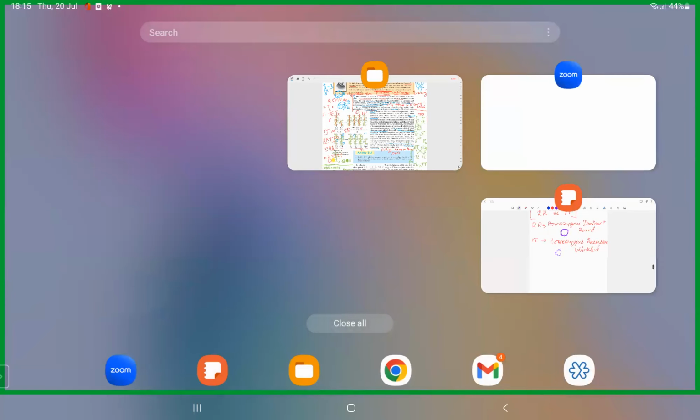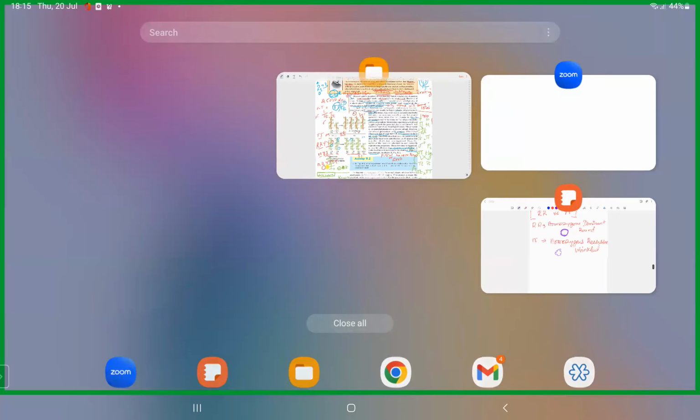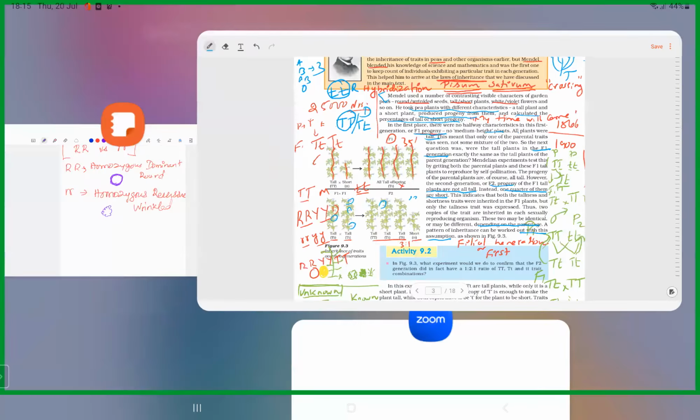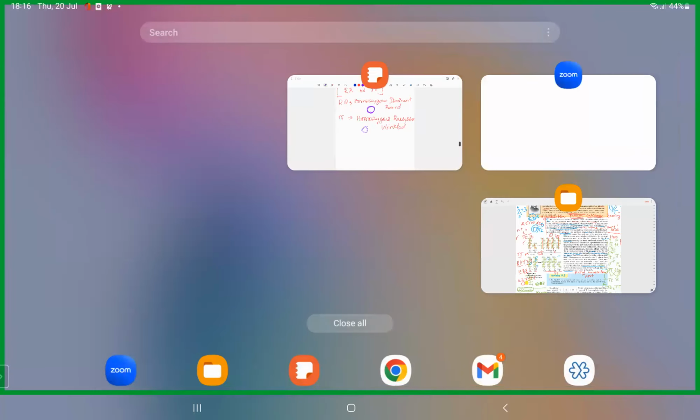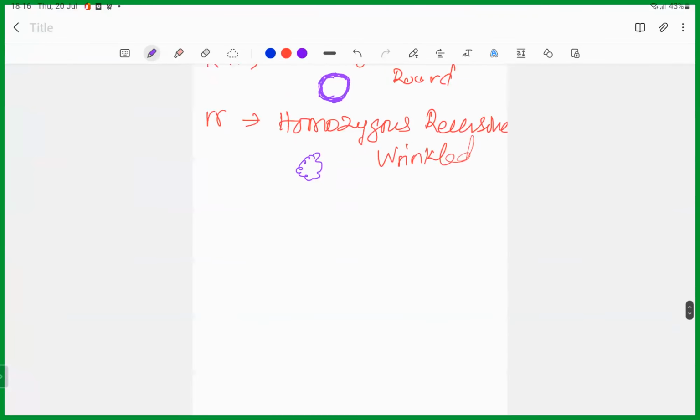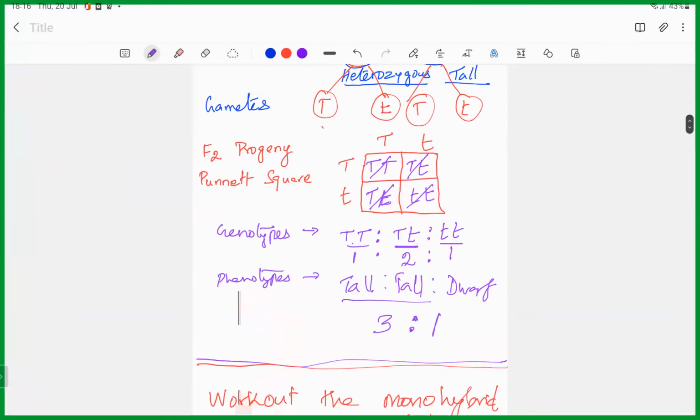If you do it yourself, it looks simple, but when you do it, you know what little mistakes you have made. Now, what do you have to understand from this experiment? From the monohybrid cross, what should be understood?